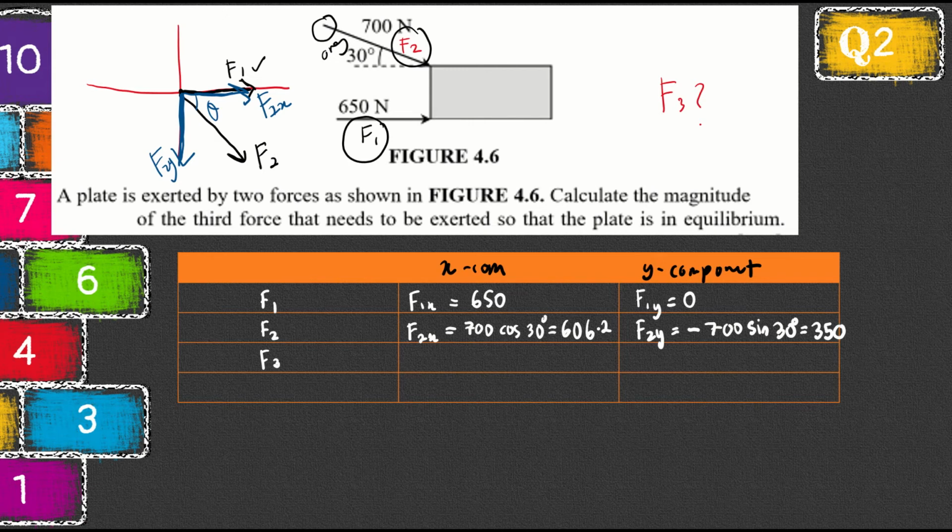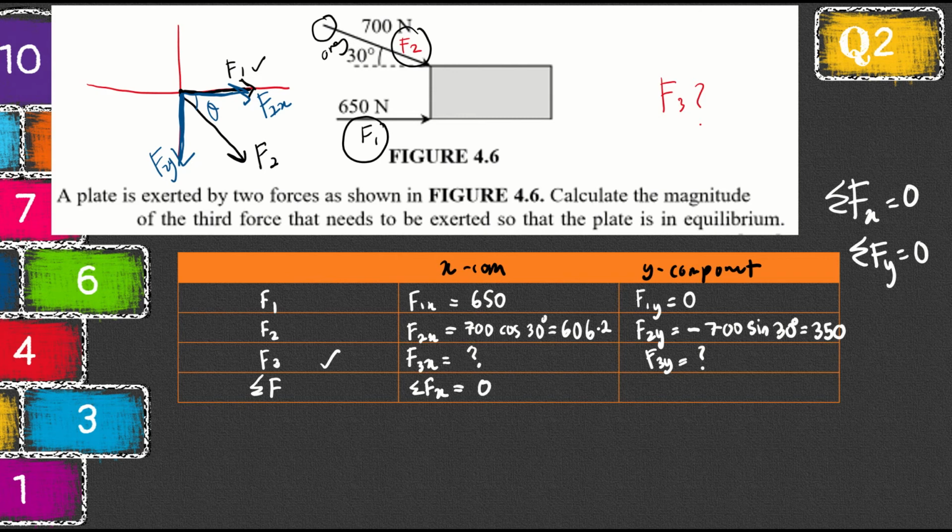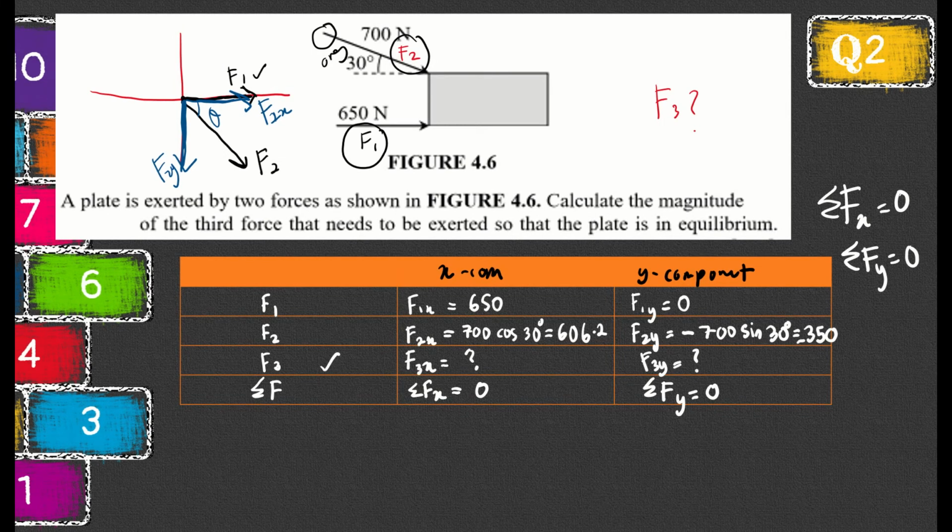Okay, so for F3, the one that we want to find out, we need to find F3X and F3Y. How do we find them? Just now I said that when the force is balanced, total force in X is equal to 0 and total force in Y is equal to 0. So the last row here is for total force: total force X is 0, total force Y is 0.